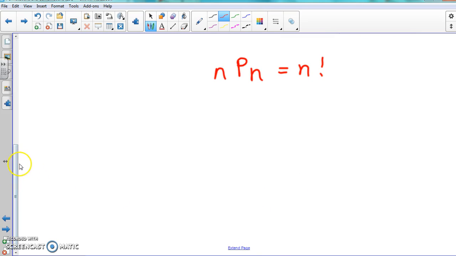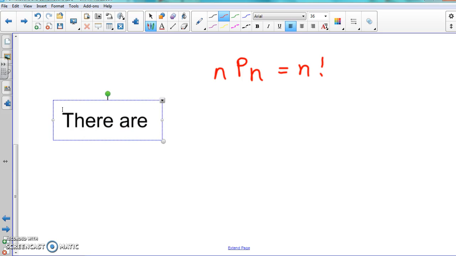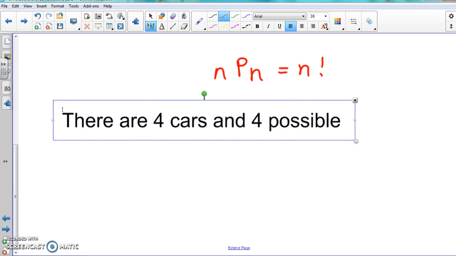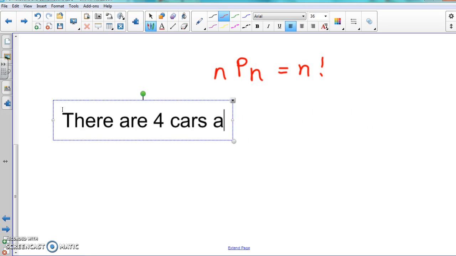All right, so here's an idea of what we're talking about. So let's say, I'm going to type this in. Let's say there are 4 cars in a race.